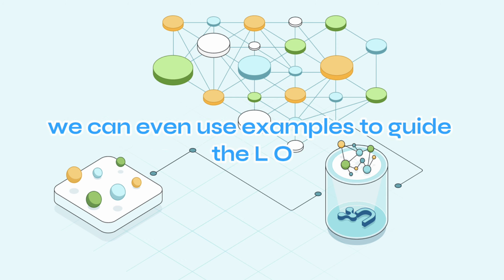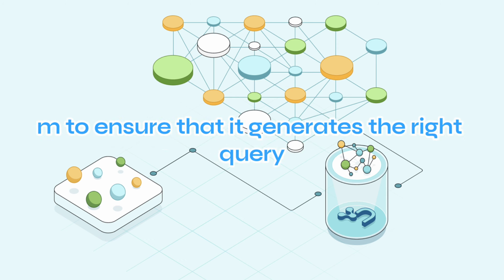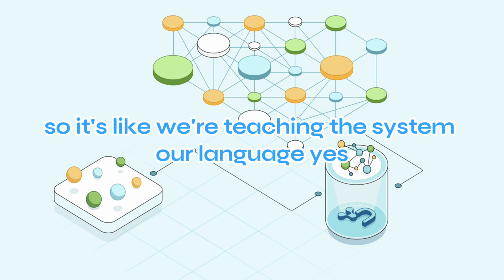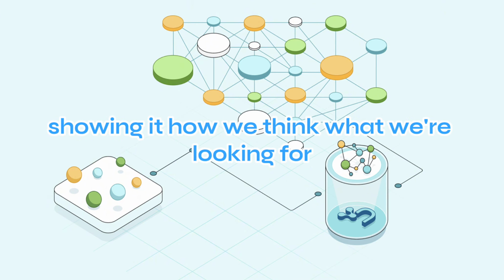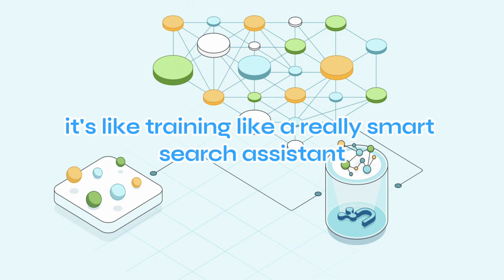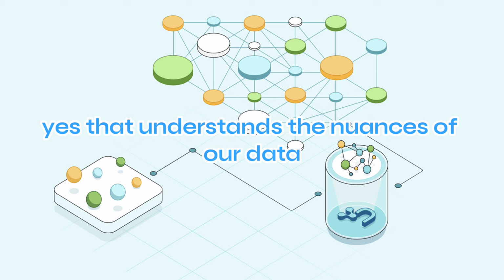Wow, that's amazing. We can even use examples to guide the LLM to ensure that it generates the right query for our specific needs. So it's like we're teaching the system our language, showing it how we think, what we're looking for. You got it. It's like training a really smart search assistant that understands the nuances of our data.